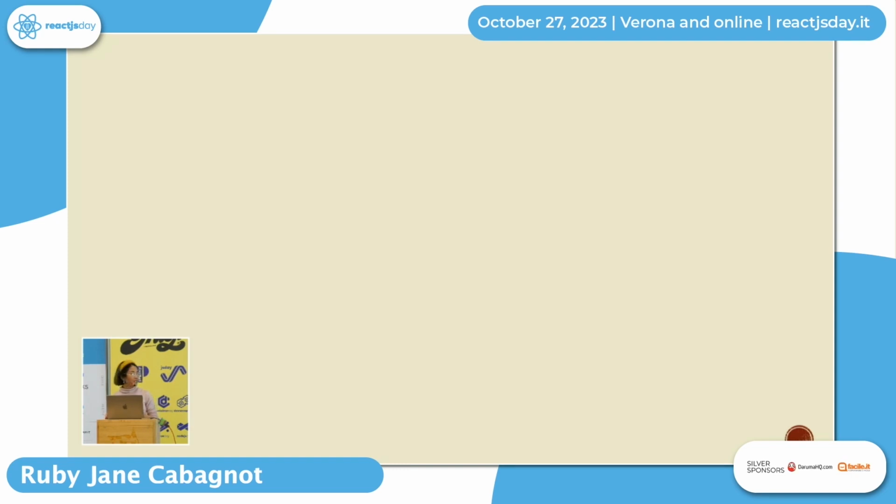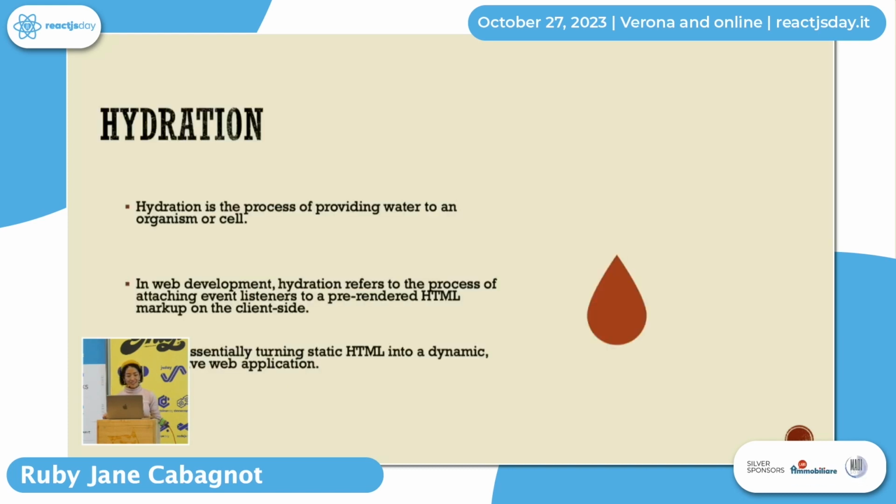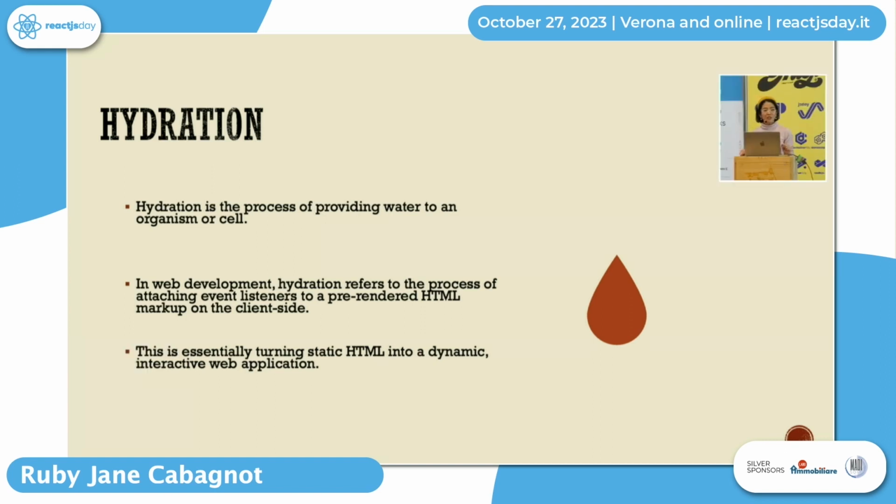But there is this little thing called hydration that is plaguing the current generation of front-end frameworks. So what is hydration? Well, here's a definition I found by Googling it.